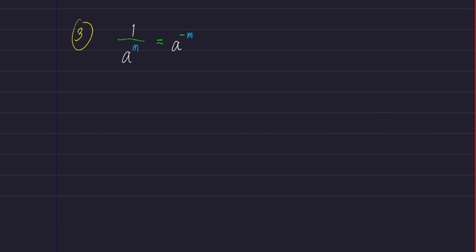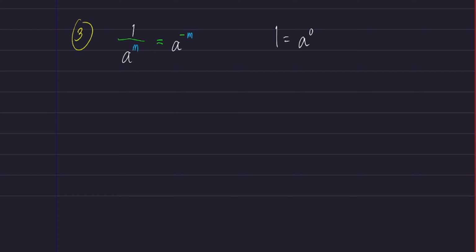Lastly, we have 1 over A raised to M equals A raised to negative M. Kanina, na-prove na natin na 1 is equal to A raised to 0. So, substitute natin yung 1 gamit ng A raised to 0.